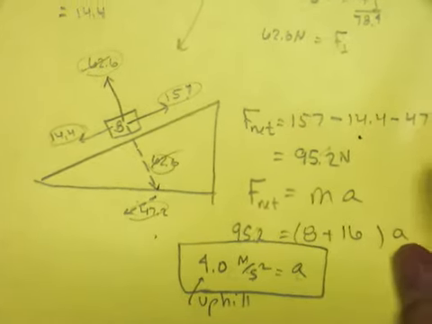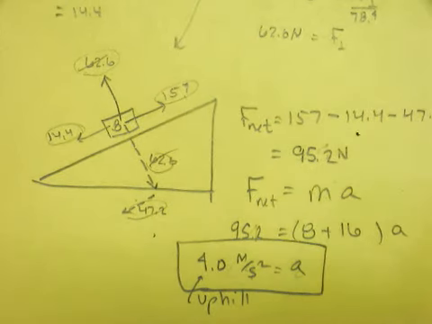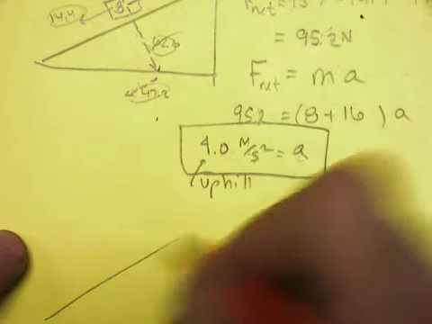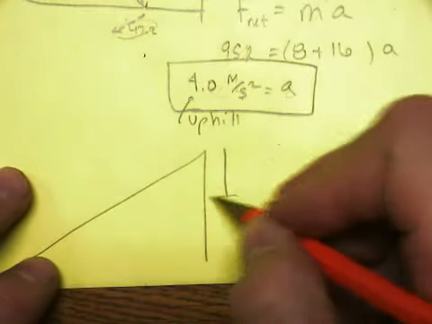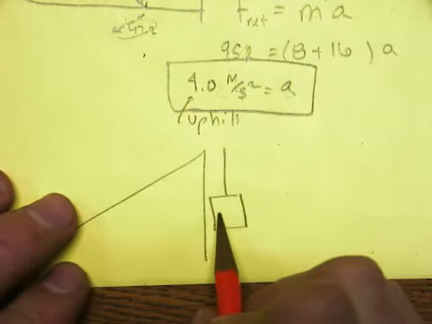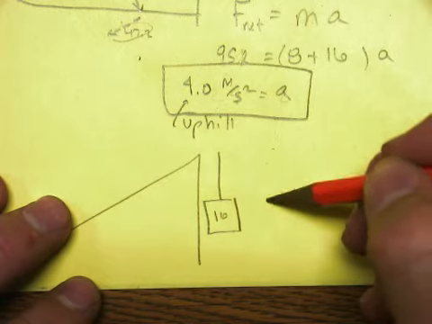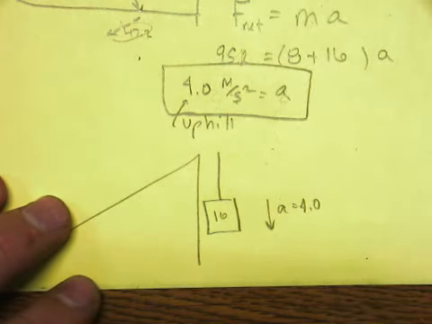Now, to figure out the tension in the rope, what I'm going to do is look at one of the boxes in particular. I'm going to look at this box. This is the box that was 16 kilograms. So what's happening is it's accelerating this way at 4.0.